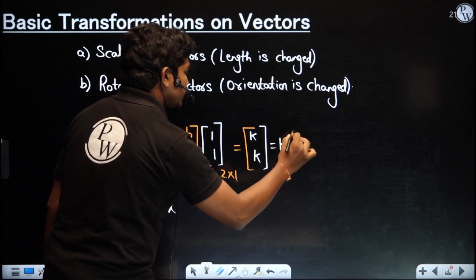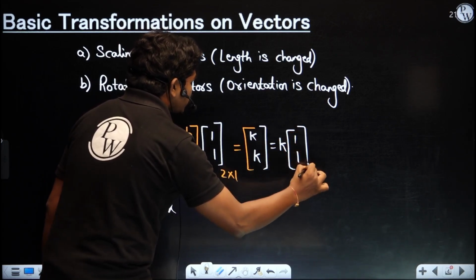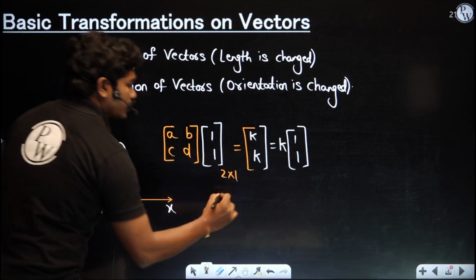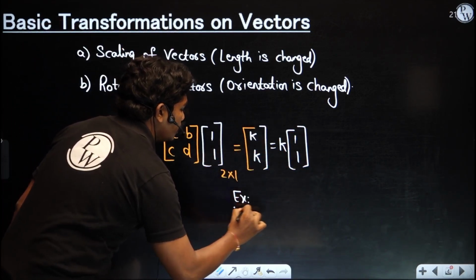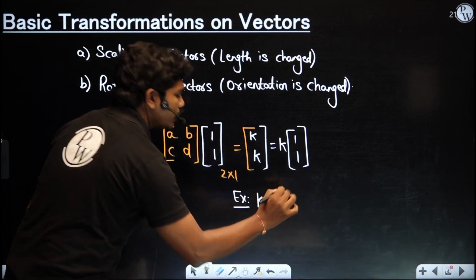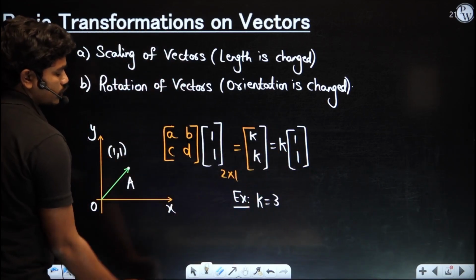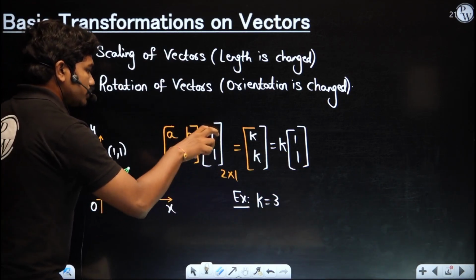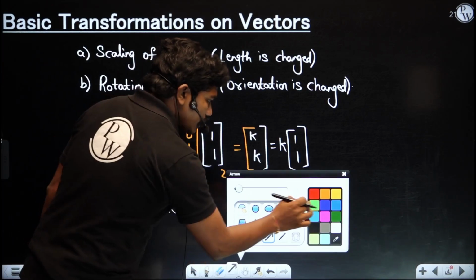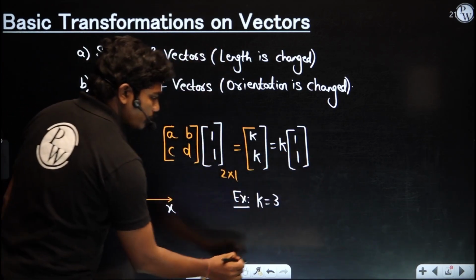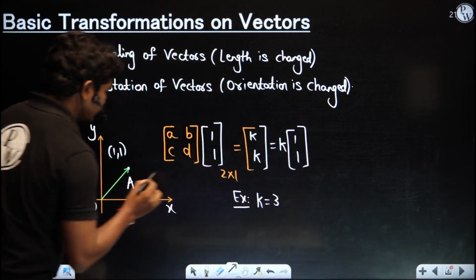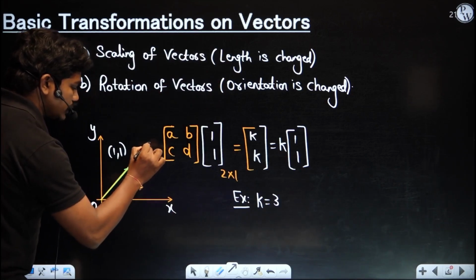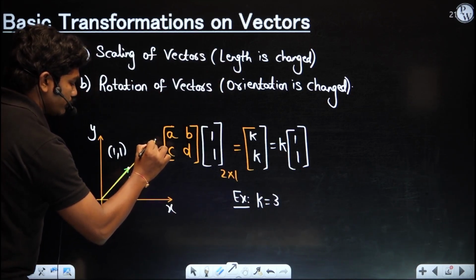So if you plot this point (k, k), for example, with k equal to 3. So what's the meaning of that? When you operate this matrix on this vector, this vector (1, 1) changes to the vector (3, 3) here, maybe somewhere here like this.